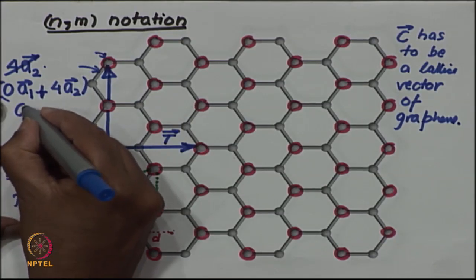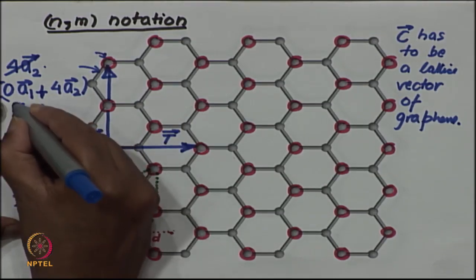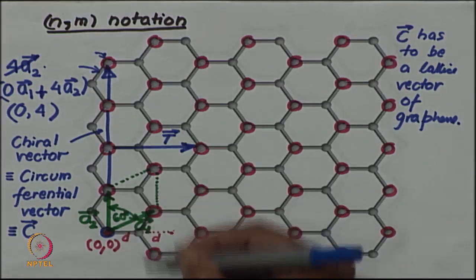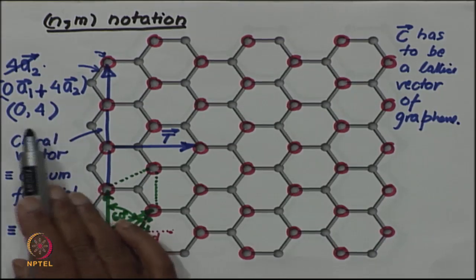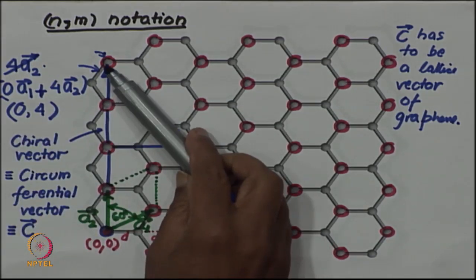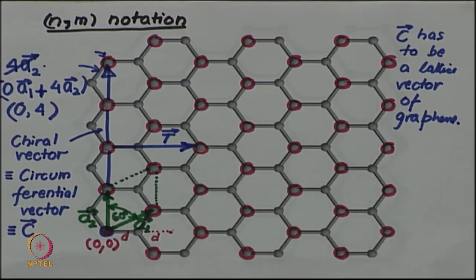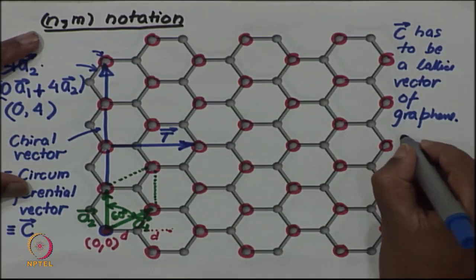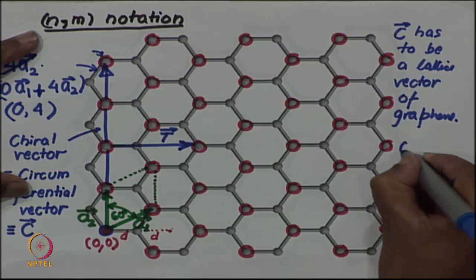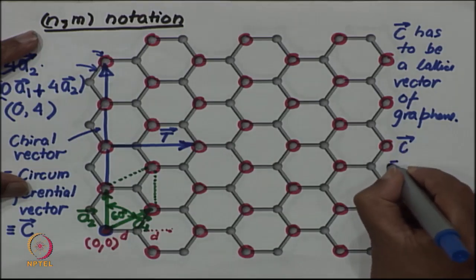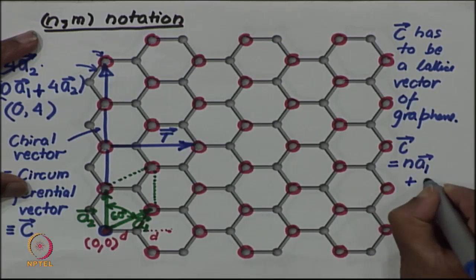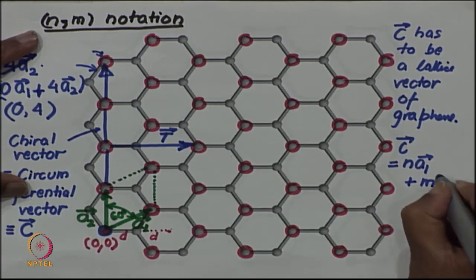So, I can call this a (0, 4). The nanotube which will form will be given the designation a (0, 4) nanotube, which means (0, 4) is the lattice vector of the graphene sheet which will become the circumference of the nanotube. So, C has to be a lattice vector of the graphene sheet. C can always be expressed as n times A1 plus m times A2.